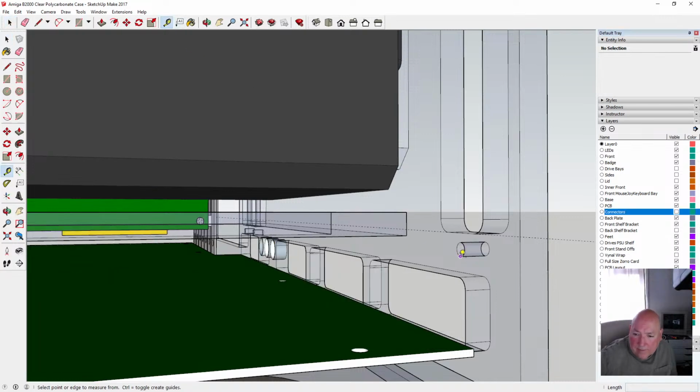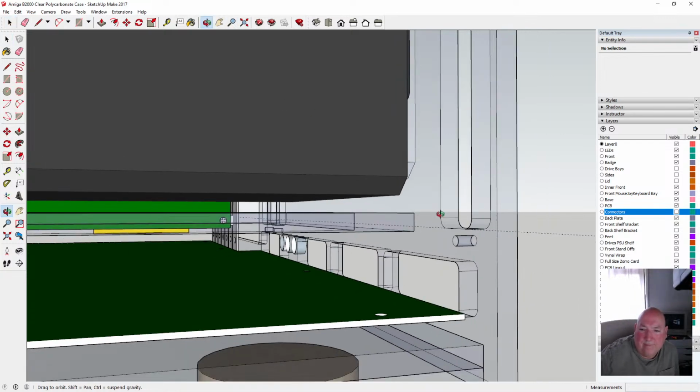Screw hole to the PCB, 18.5 mil. Let's just see if that is even true. Yeah, it's closer to 19 or 19.5 mil.